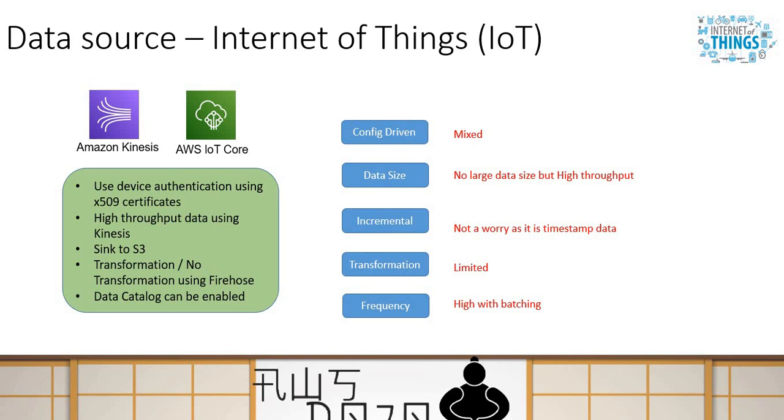No, it's a mix. You configure and write code both, especially if you're writing transformations. It can also handle high throughput data. Large data is not a problem here, but depending on how many devices you are handling and at what frequencies they send data, you are generally dealing with a very large volume of high throughput data.